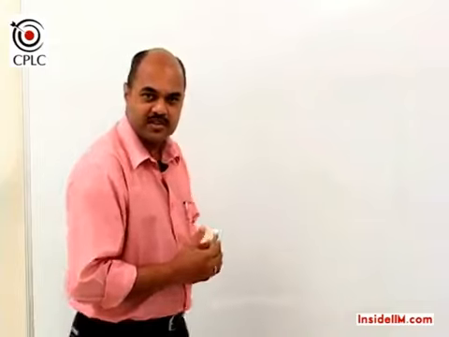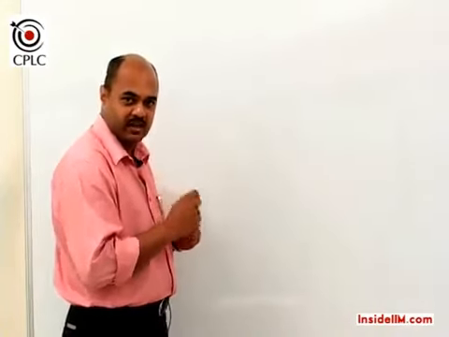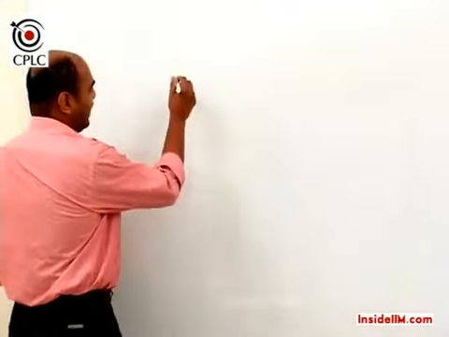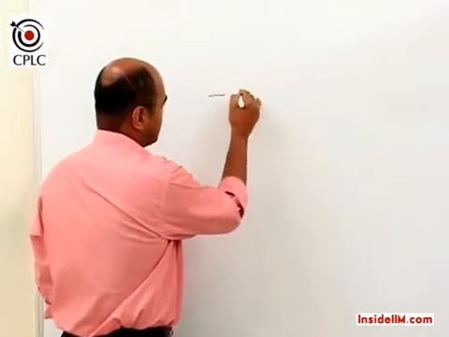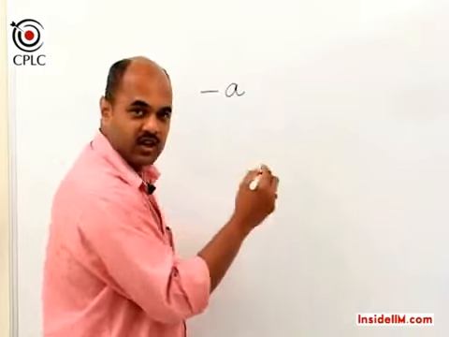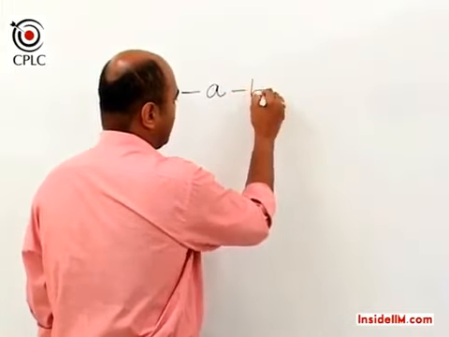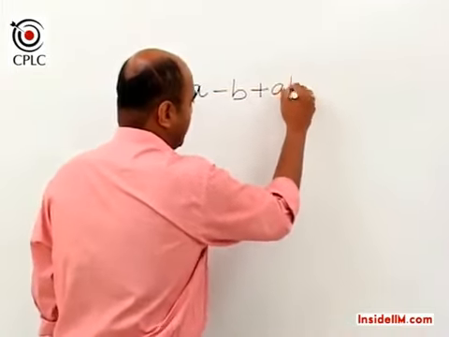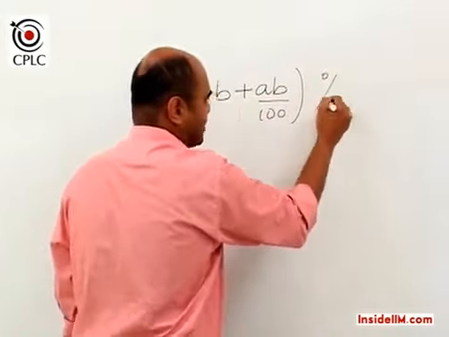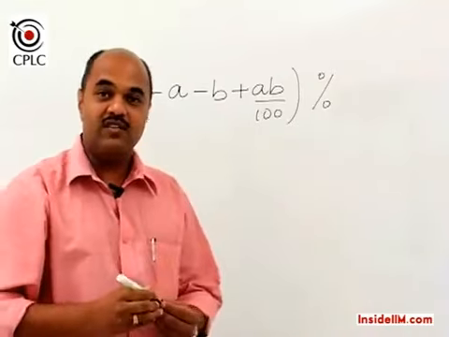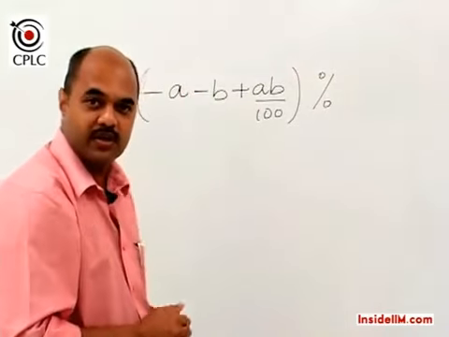The only difference being, since it's a discount, we're going to subtract it or use a negative value, and hence we say if the first discount was of A%, so minus A, further discount of B%, so minus B, plus AB upon 100, and this entire thing as a percentage would be the effective discount that the shopkeeper has offered me.